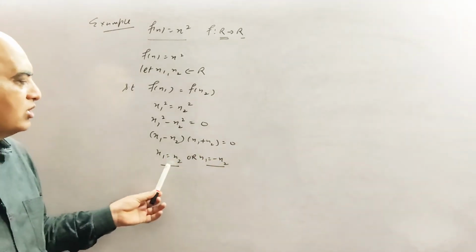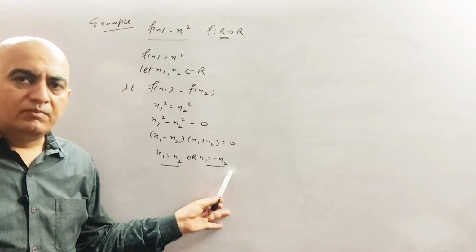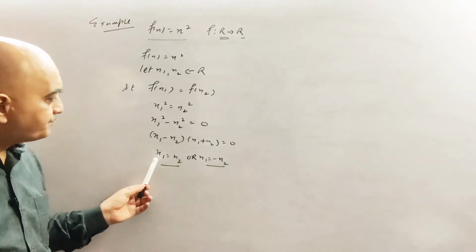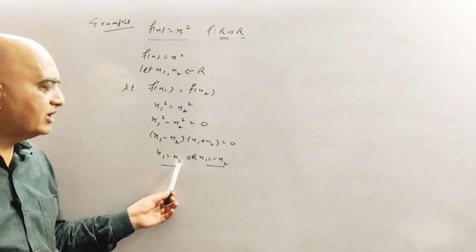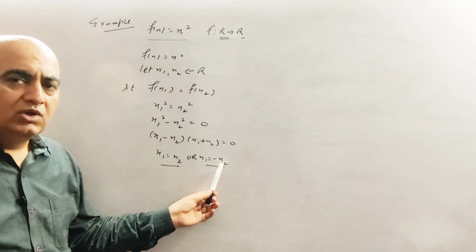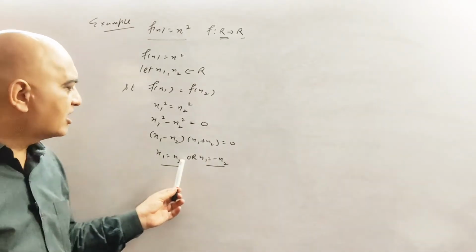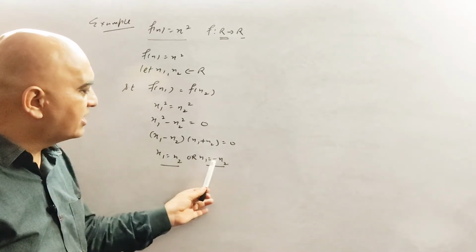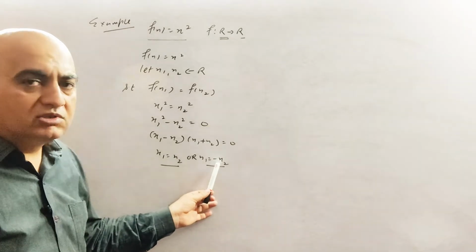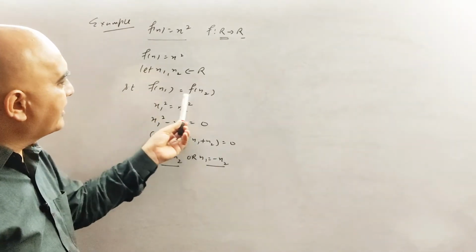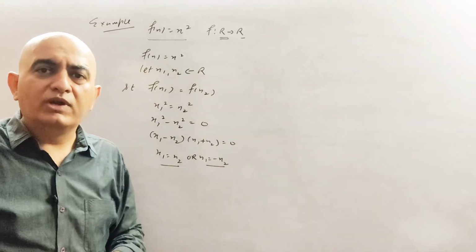Means x1 is equal to x2 or x1 is equal to minus x2, right? So here we have two conditions. It means there are two elements, one positive, another negative, for which x1 is not equal to x2, but f(x1) is equal to f(x2). What does it mean?